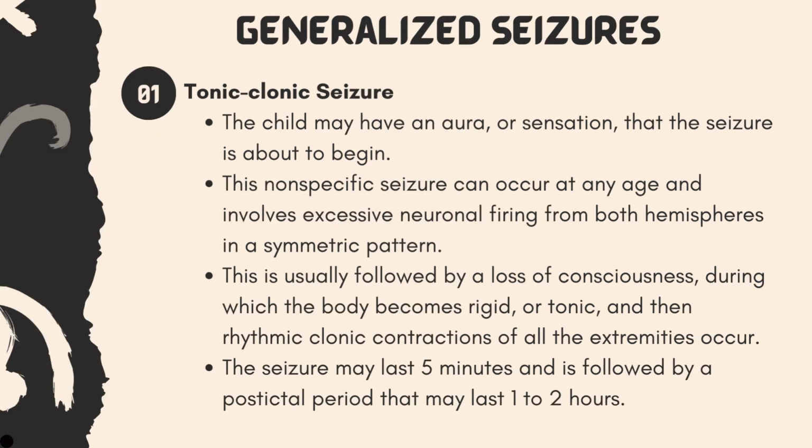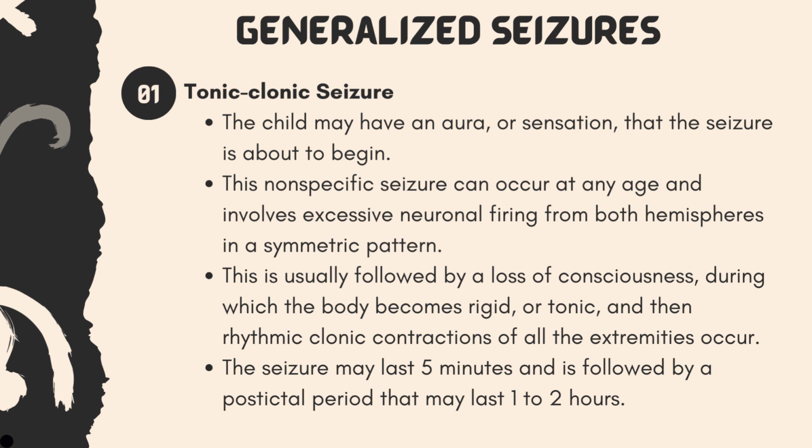Of the generalized seizures, the tonic-clonic type occurs most frequently. A child having a tonic-clonic seizure may have an aura, or sensation that the seizure is about to begin. This seizure can occur at any age and involves excessive neuronal firing from both hemispheres in a symmetric pattern.